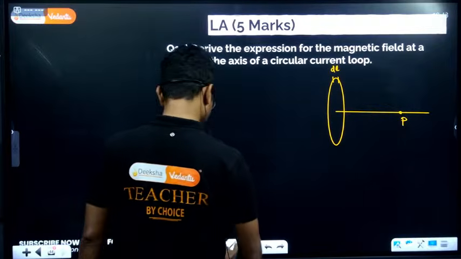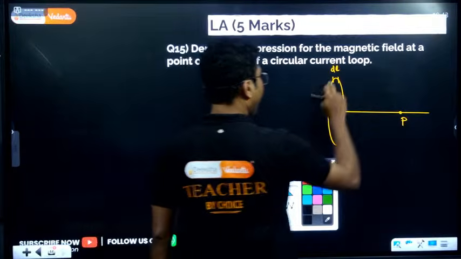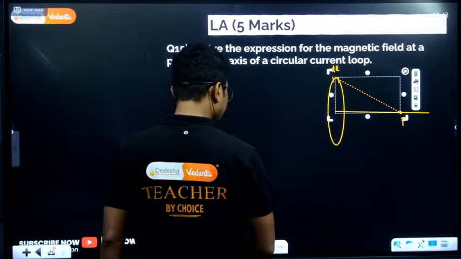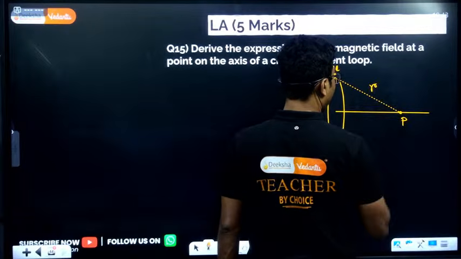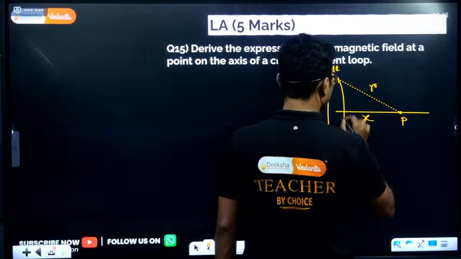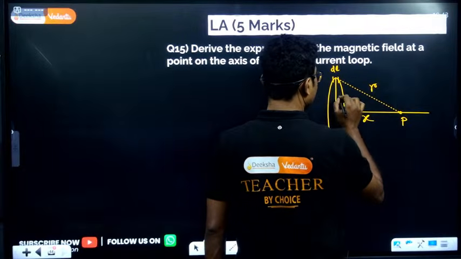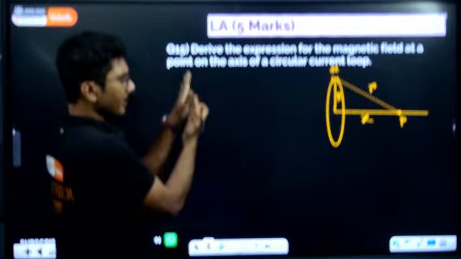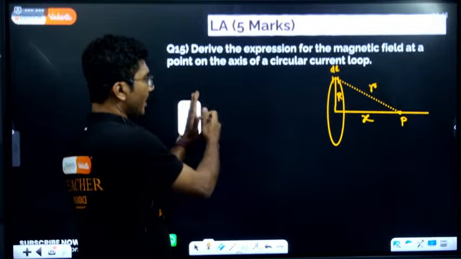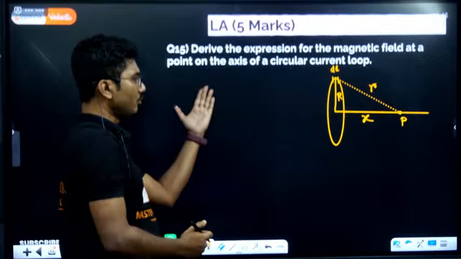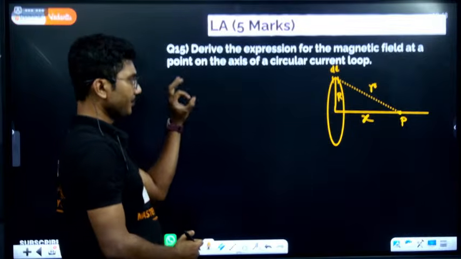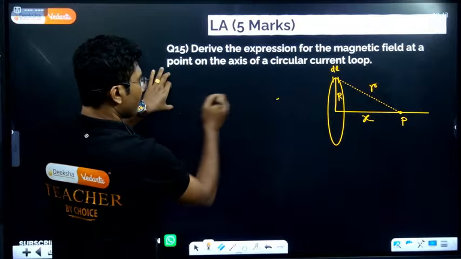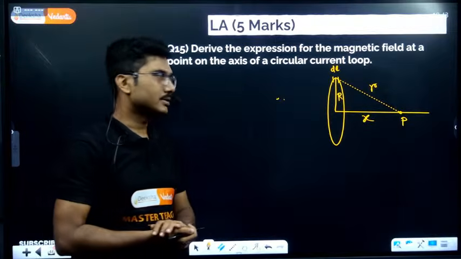This distance say is r, this is x, and the radius of the circular loop is capital R. The loop is kept like this, and because of that loop, you are trying to find the magnetic field at some distance.